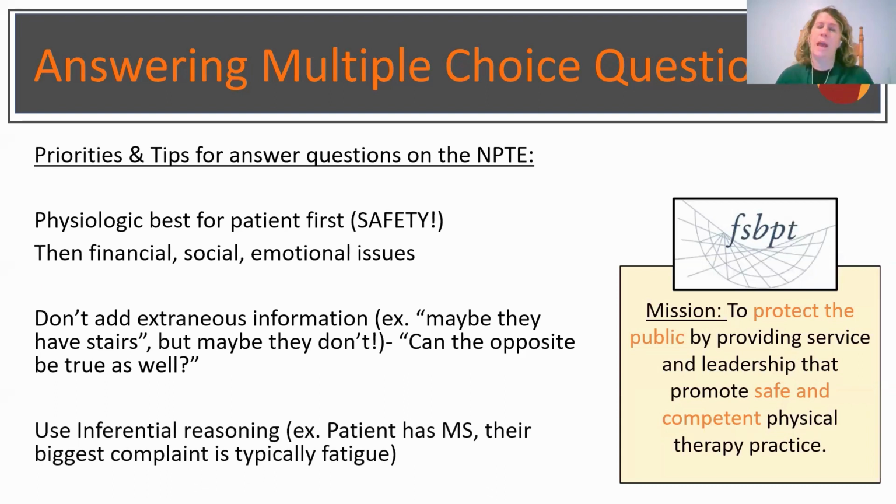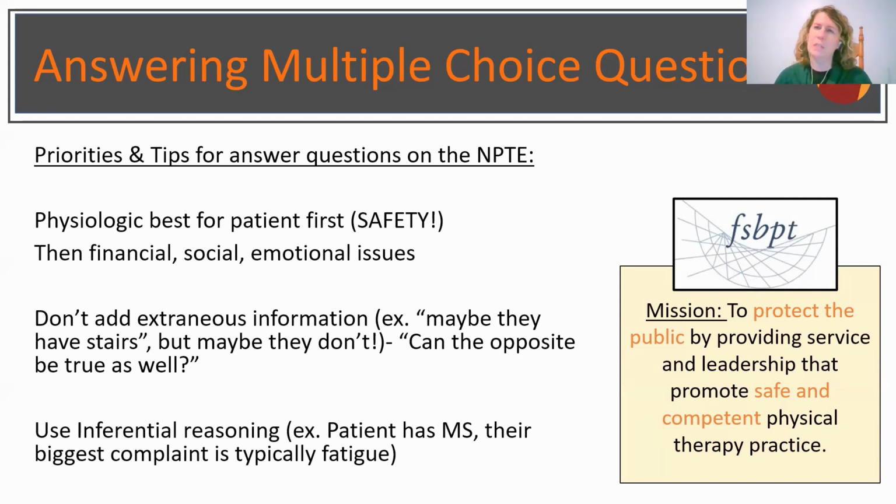Okay. Now, inferential reasoning, though, is different. If I say, this patient is coming to see you for intervention and they have multiple sclerosis, and you know that these patients, their biggest complaint is typically fatigue, you can make the inferential reasoning that probably they need energy conservation techniques.